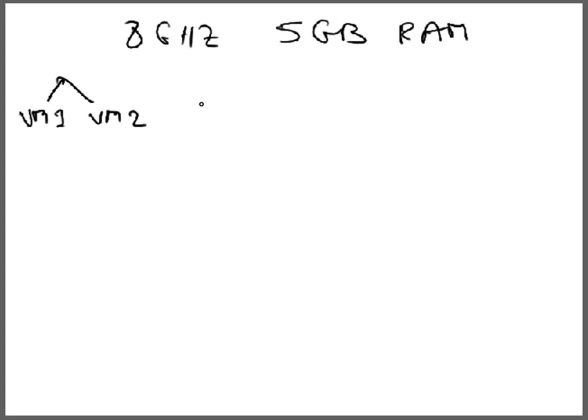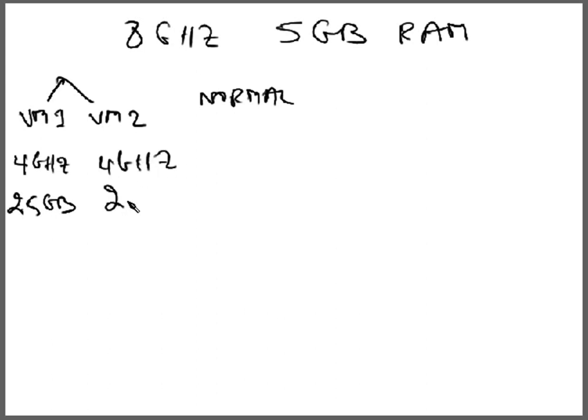Their shares are both set to normal. So in this scenario, since the shares are set to normal, the resources are going to be divvied up equally. So this virtual machine is going to get 4 gigahertz with 2.5 gig of RAM, and the same thing for the second virtual machine as well.